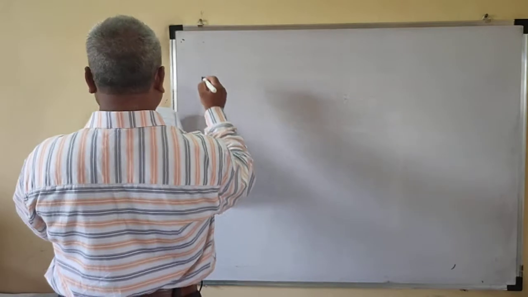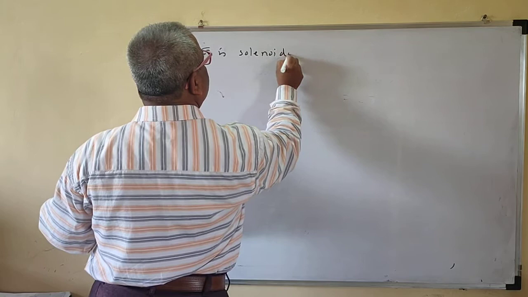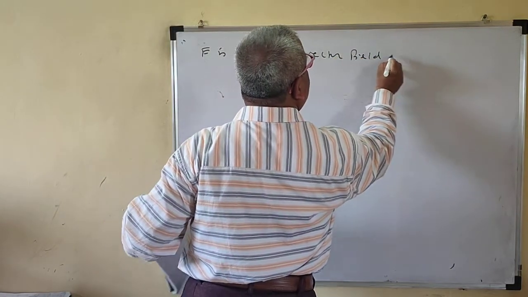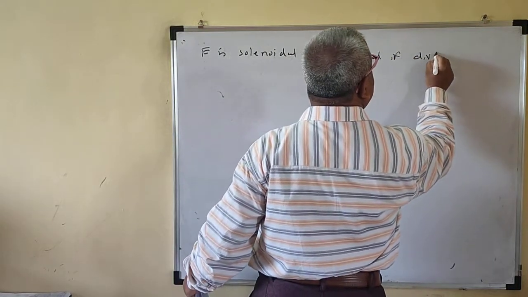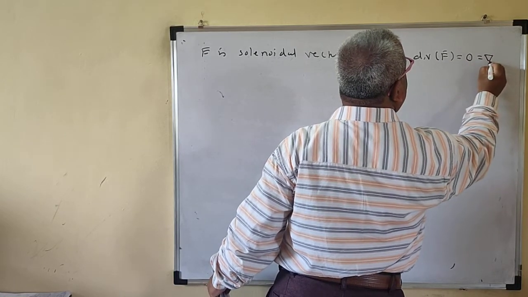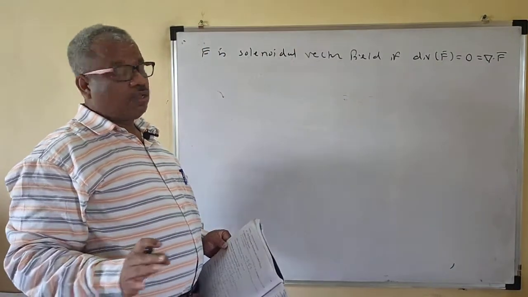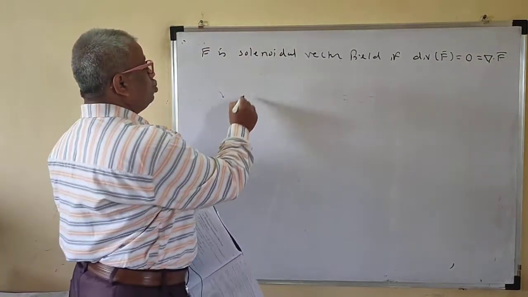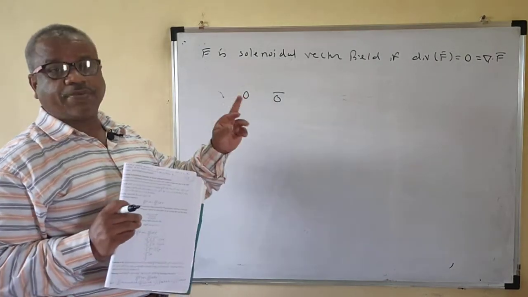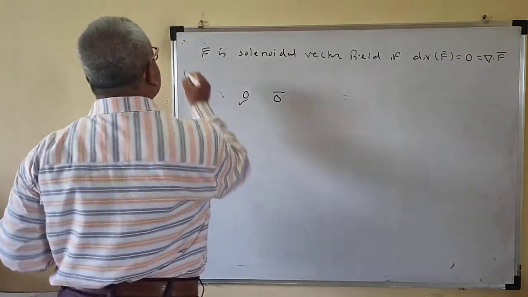So f bar is a solenoidal vector field if divergence of f bar is equal to 0, that is nabla dot f bar, the dot product. This is just 0, not 0 bar. Note that divergence of a vector is a scalar quantity, so you have to take the scalar quantity.